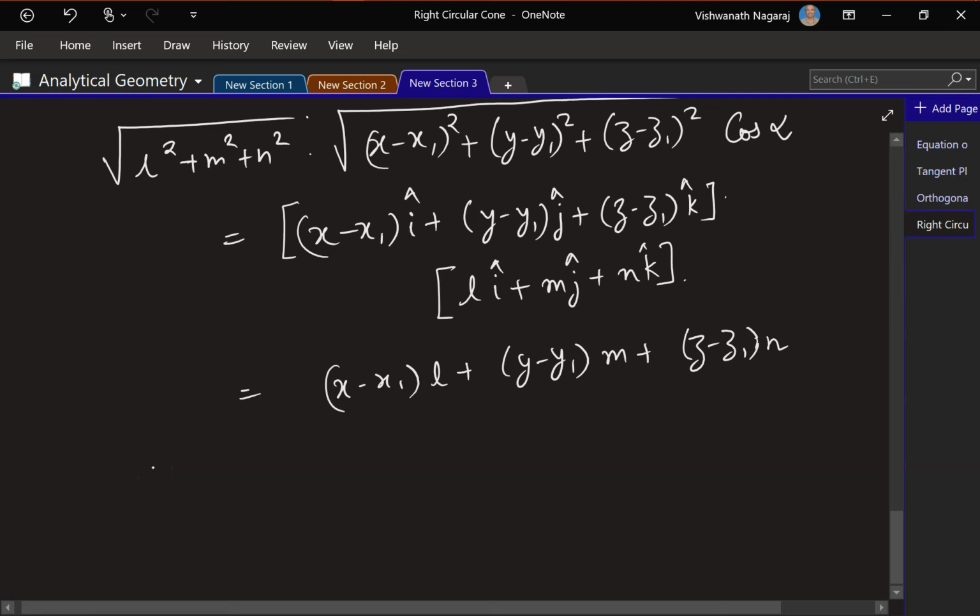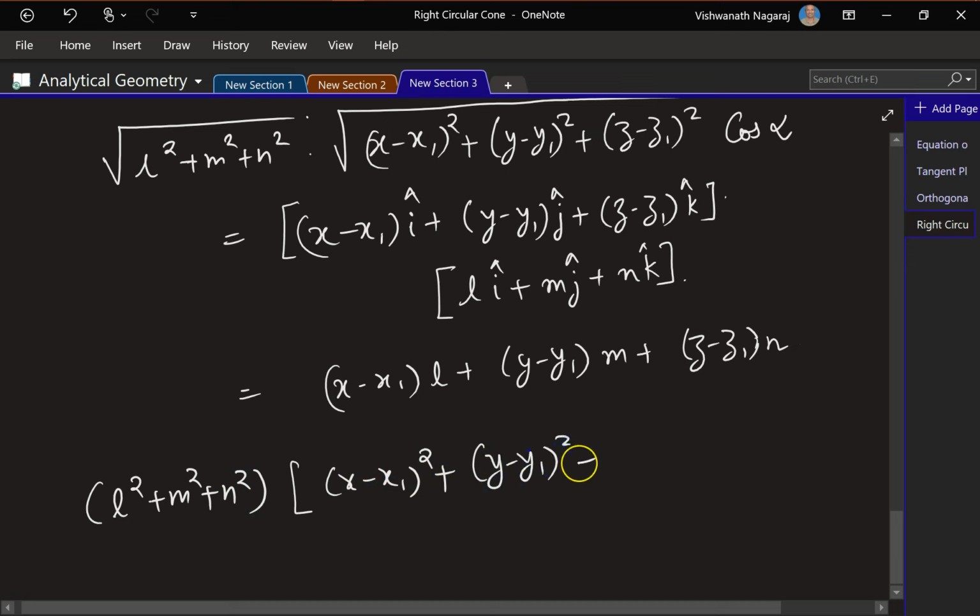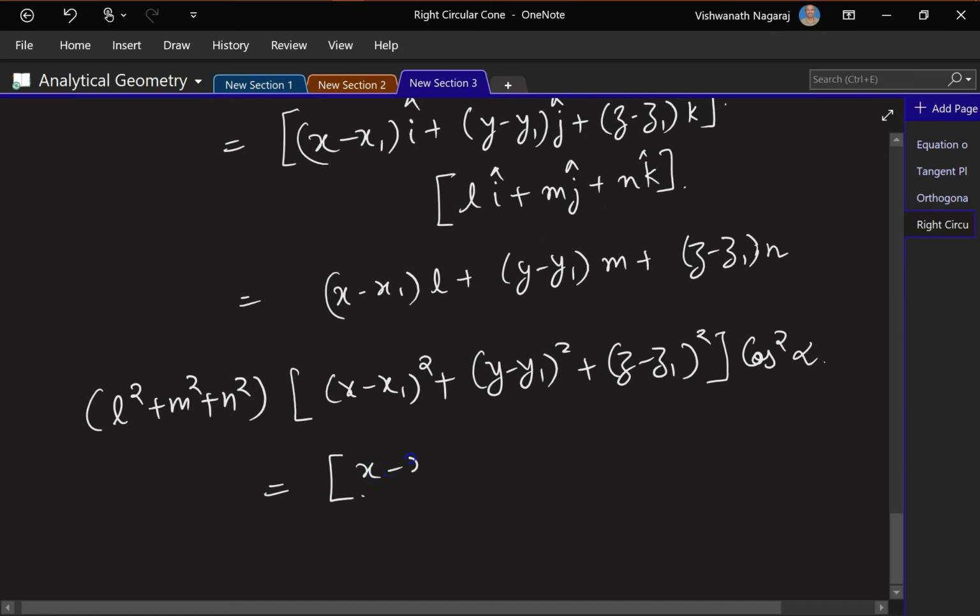So to remove the square roots, we square both the sides. So this becomes (L square plus m square plus n square) times (x minus x1 square plus y minus y1 square plus z minus z1 square) cos square alpha is equal to, on the right side, we put the square on the overall expression: ((x minus x1) L plus (y minus y1) m plus (z minus z1) n) whole square.